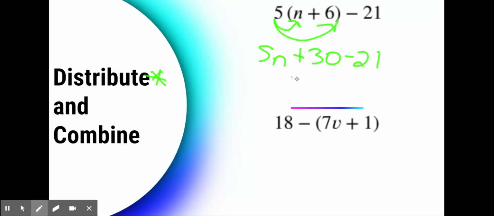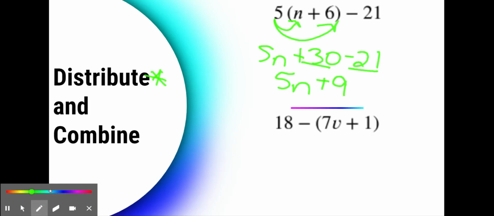Well, 5n doesn't combine with anything in that problem, so I'm just going to copy 5n, and then I have 30 minus 21, which I believe is 9. So we end up with 5n plus 9. Make sure there's no like terms. You're done.